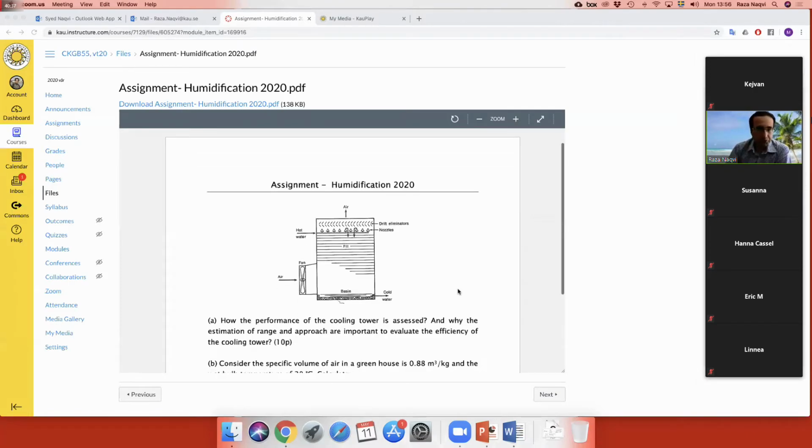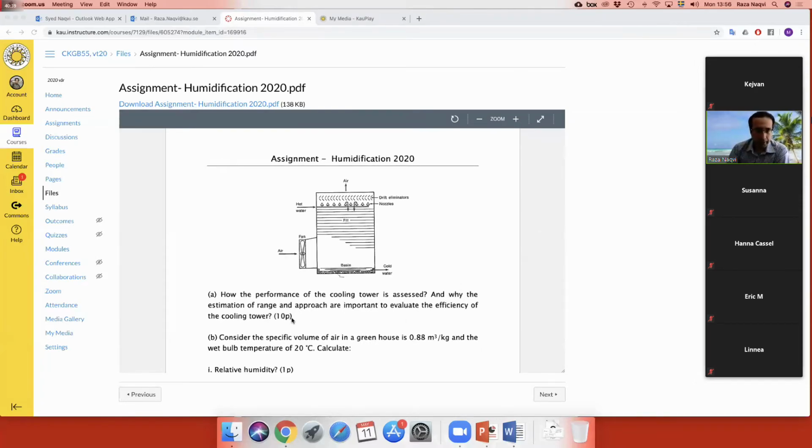And there was a question on whether I can explain question number 1 in the home exam for humidification. The first question was how you can assess the performance of a cooling tower. You can find the answers to this question from the book, and you can also find the answer from the internet, how we can evaluate whether a cooling tower is performing well, or is not performing well or not according to the design.